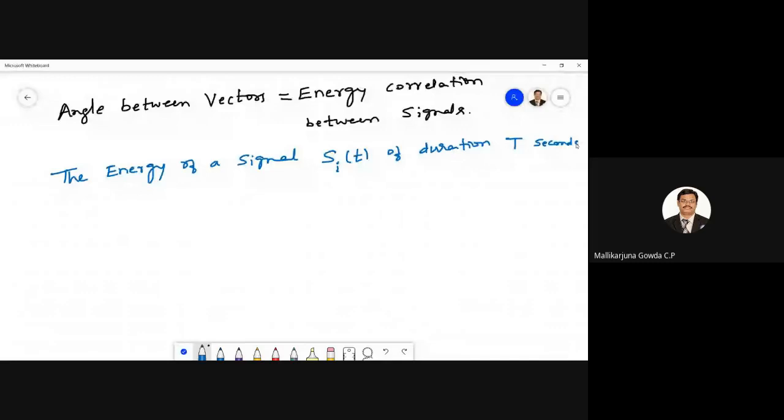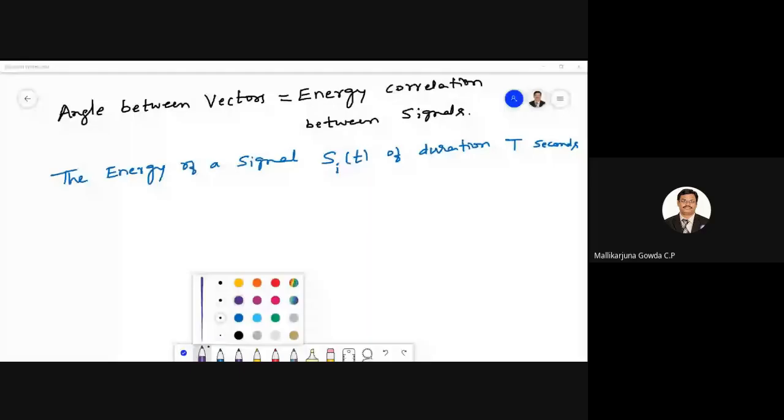Quickly, any one of you can say how do I find the energy of the signal? Mathematically, how can I write? Yes, my dear student should respond. Energy of a signal. Yes, Manasa, can you say? How do you find the energy of a signal? Manasa. Two Manasas are there, Manasa SH and Manasa RE.